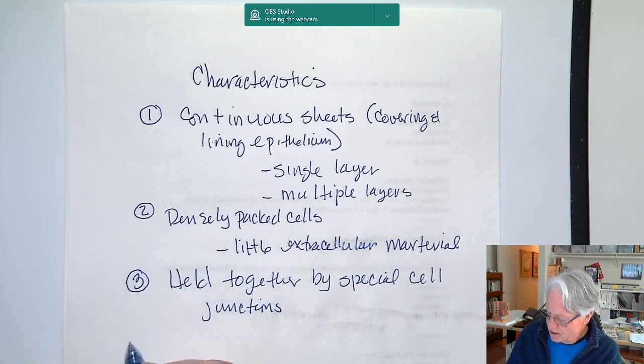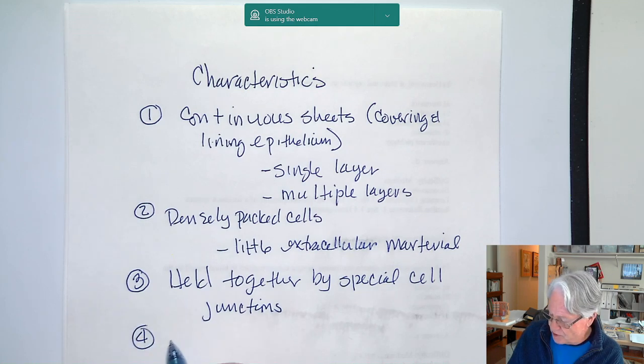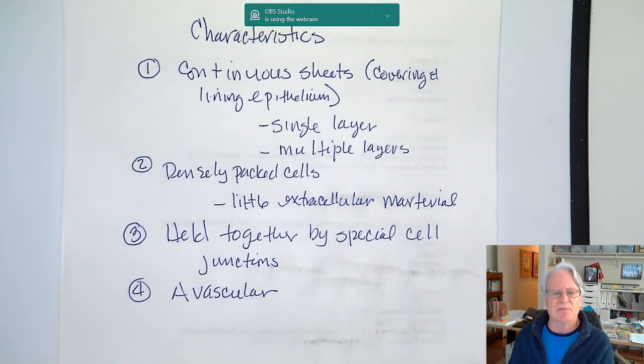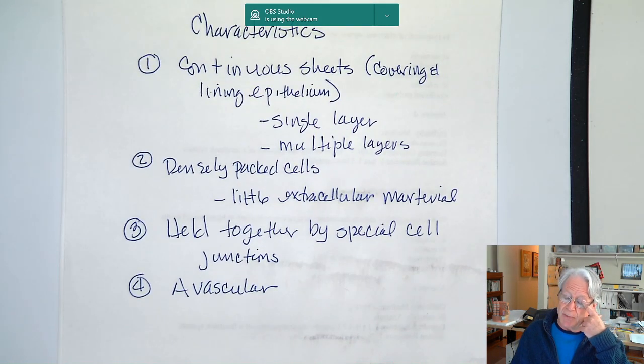Okay. Number 4, this tissue is avascular. So it does not mean that there is no blood supply nearby. There is. We can find it sometimes in the basement membrane and sometimes just below the basement membrane in the connective tissue underlying the basement membrane, but not within the epithelial tissue itself, not within the cells that make up epithelial tissue.